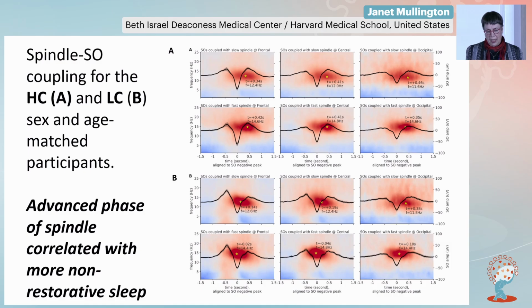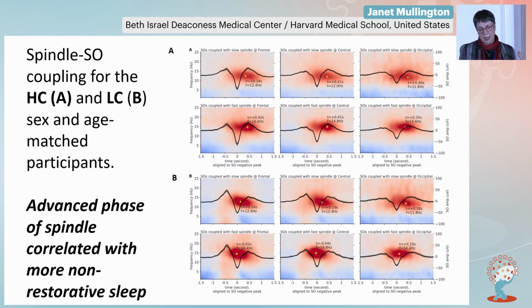We also see that the slow oscillation and the spindle, there is a relationship between the two that is very prototypical. You can see on the top the normal healthy sleeper, and on the bottom two lines or figure sets, part B, you see that the spindle, which is the little star in the middle of the red circle, has moved forward in relation to the slow oscillation.